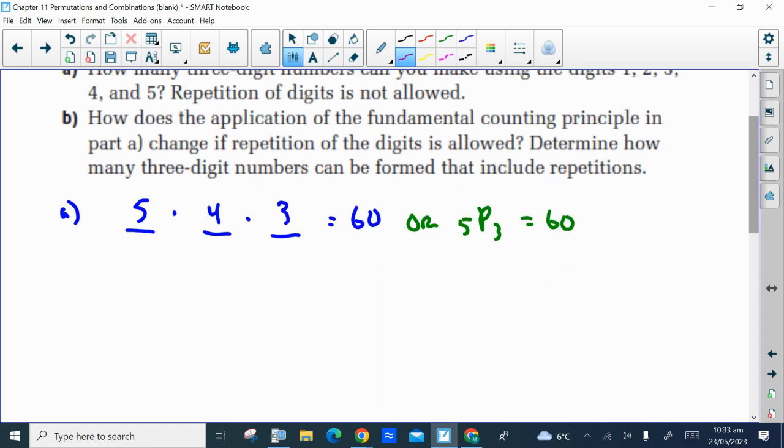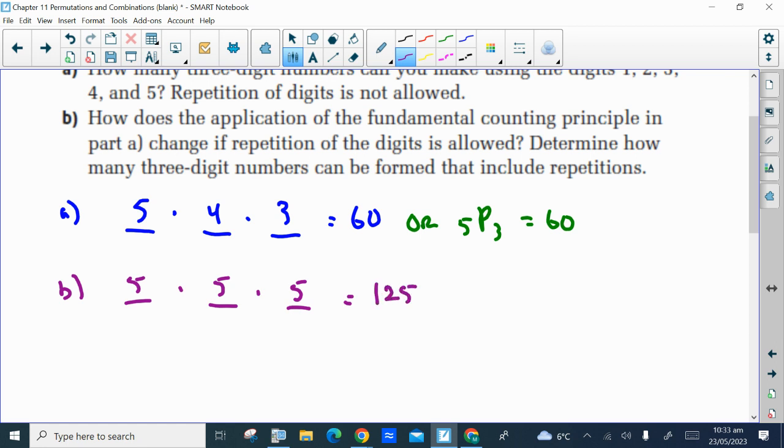Part B then says how does the application of the fundamental counting principle in Part A change if repetition is allowed? Well, if repetition is allowed, we'd mark down our 3 spaces, and there would be 5 choices for each one, which is 125.